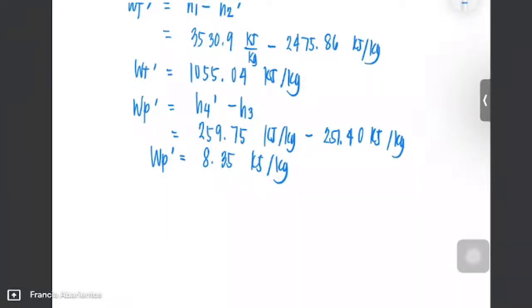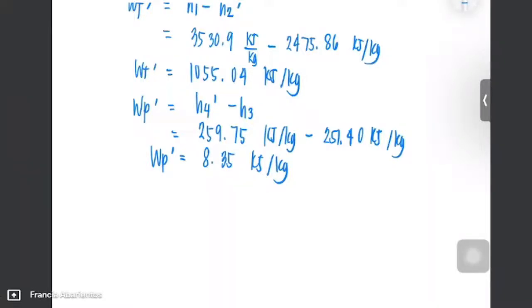So in computing for the cycle efficiency, we always compute for the work net and the boiler over the heat added in the boiler. Okay.